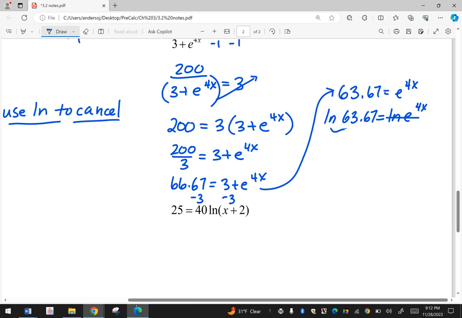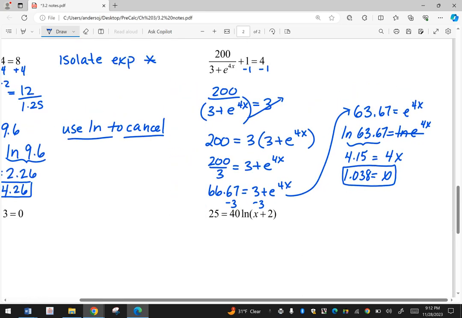I'm going to use a calculator here, and I'm going to type in ln of 63.67. That's going to give me 4.15. The e and the ln cancel out, and then I can divide, and I'll get 1.038. Now, depending on how you round, it might round the decimal a little bit differently.